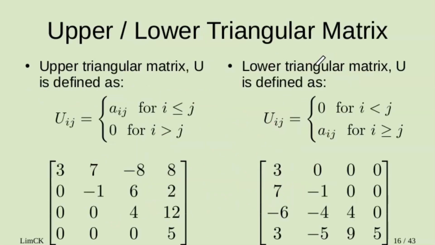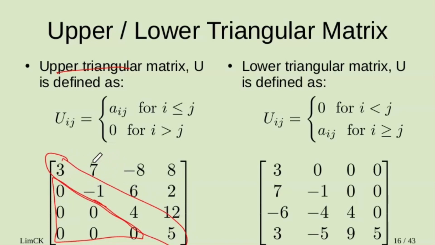For some matrices, if the values of the lower triangle, I mean the values under the diagonal, are all 0, we call this an upper triangular matrix. You see in this example, this is the diagonal.